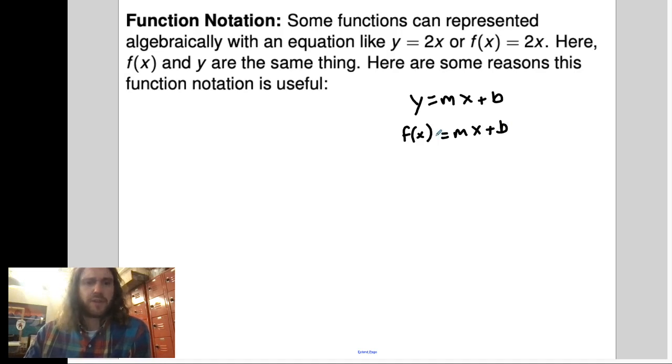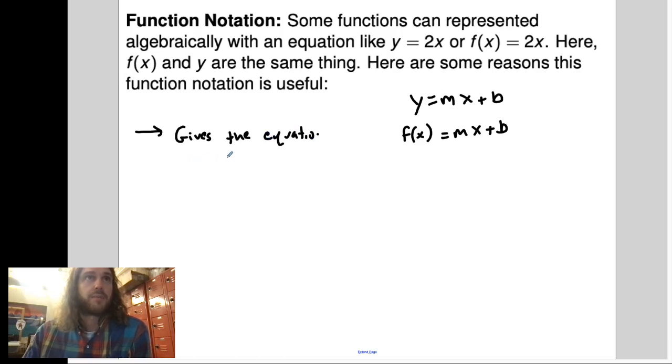It is confusing. You have every right to be frustrated when a teacher does something like that, but it turns out it's for good reason. Function notation does a lot of things for us that I really like. First of all, it gives the equation a name.